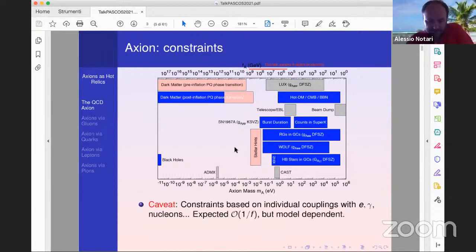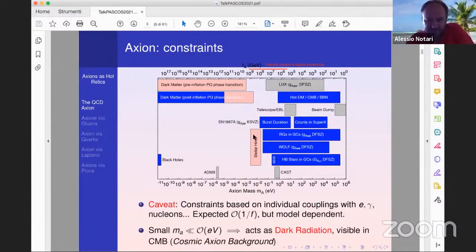Remember also that all the constraints that you see in this plot are actually based on individual couplings. Let's say the coupling not with the gluons, but with the electrons or with the photons or sometimes with the nucleons. And so they are expected to go like 1 over F, but actually they are model dependent. So one has to be careful in interpreting this window.